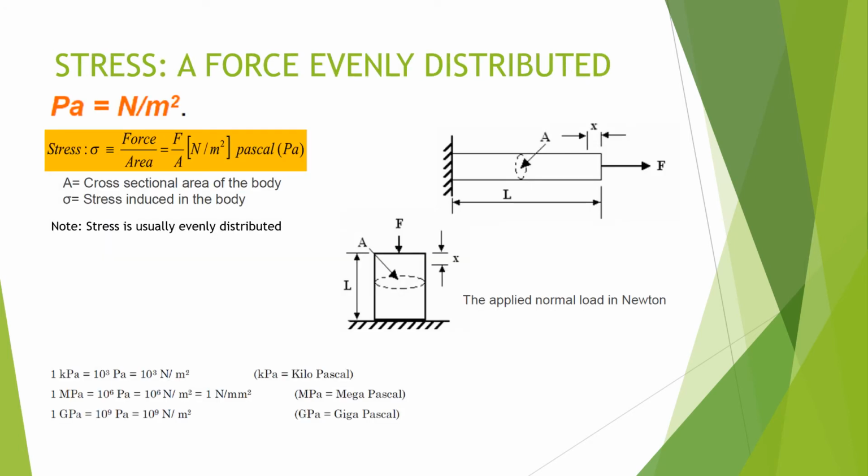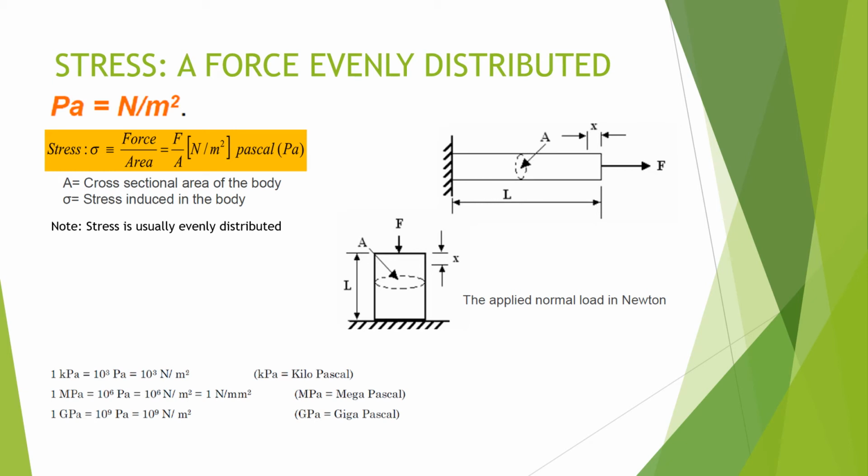Moving on to another section, stress. By definition, stress is the magnitude of forces that cause deformation. This deformation can be in the form of compression, where the total length of the subject reduces. It can also be in the form of elongation, where the total length of the subject extends.